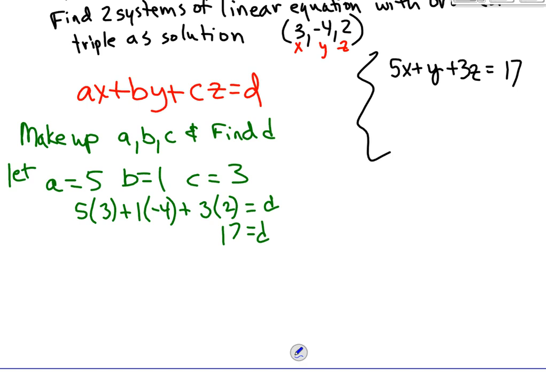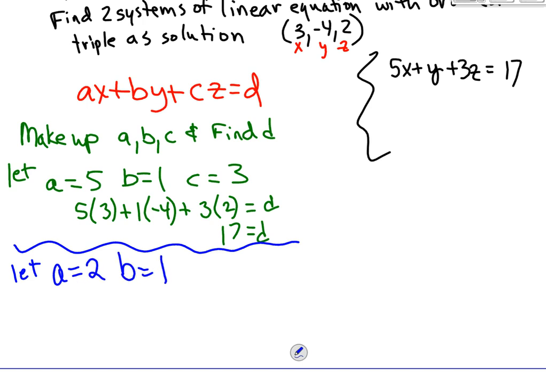Now for my second one, I just make up something again. And I'm just making it up so I can make up whatever I want. Obviously, if one of those was a fraction, I would pick a number that would make the fraction cancel or something. So I just let A equal 2, B equal 1, and C equal 3.